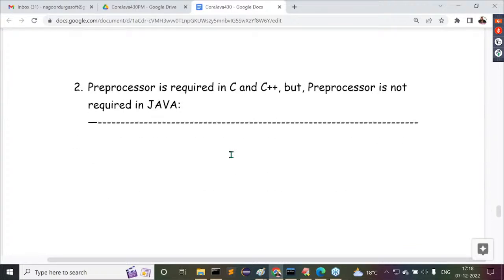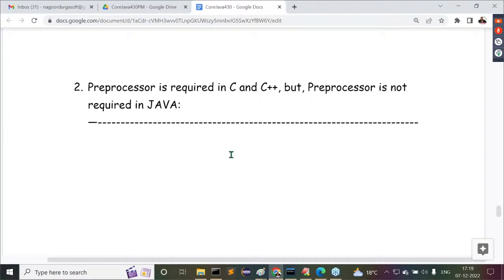Okay. Now let's see this. Before understanding whether preprocessor is required or not required in C, C++, Java, first tell me what is preprocessor? What is the need of the preprocessor in Java applications? That point we have to understand.